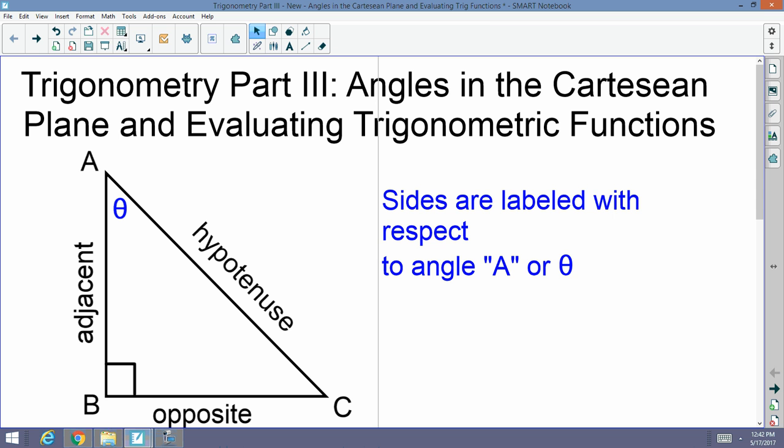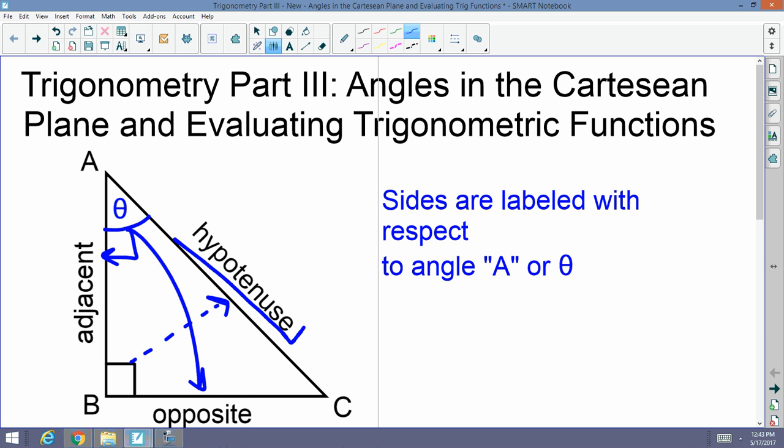So from this particular angle theta, this is the opposite. It's across from the theta. The one immediately next to the theta is my adjacent. And the one that is across from the 90 is my hypotenuse.